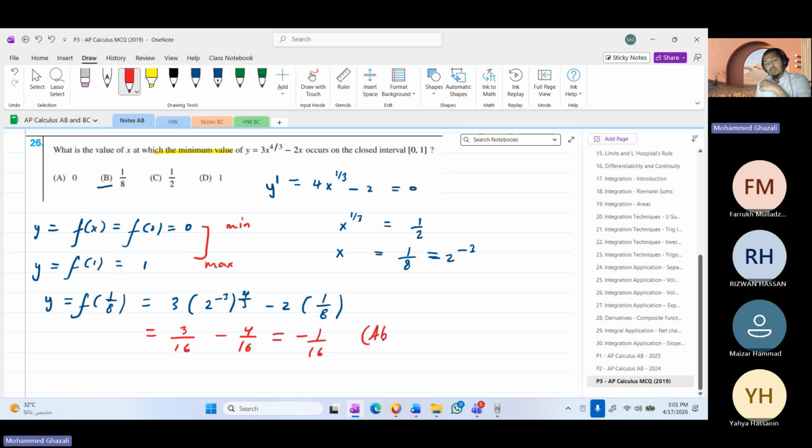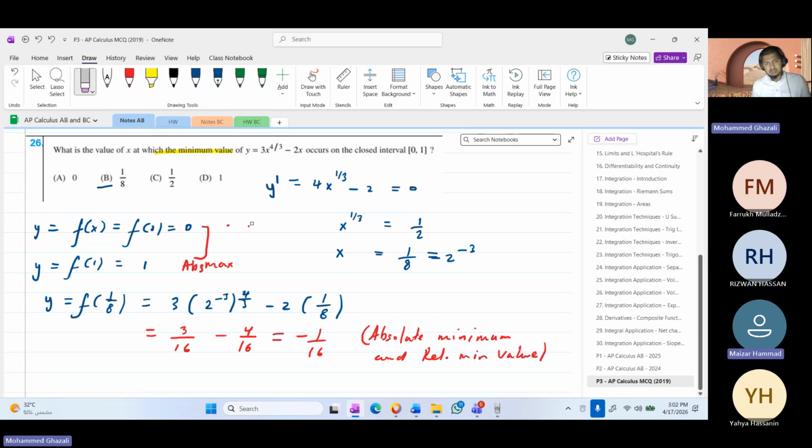This is the absolute minimum, and it's the absolute minimum and a relative minimum value both. But these are endpoints, so this is the absolute max then. So we can't call this minimum or maximum.